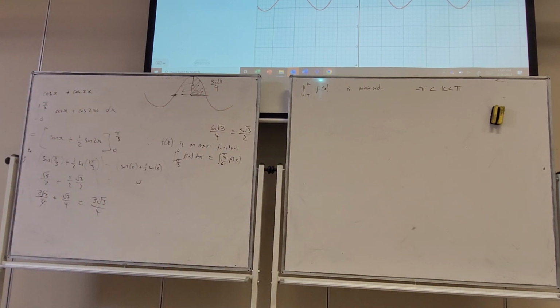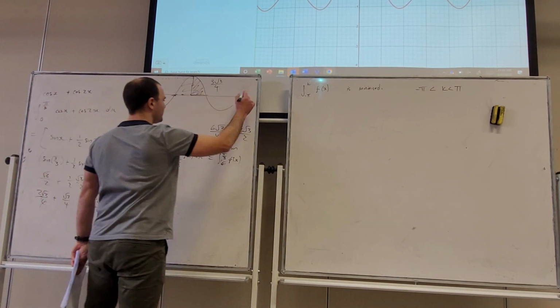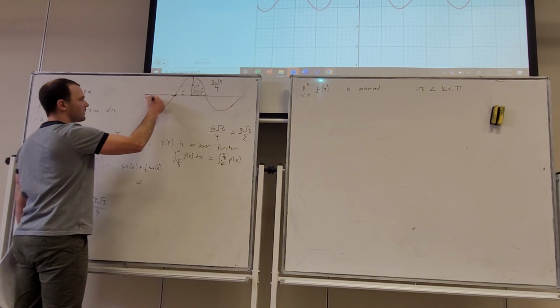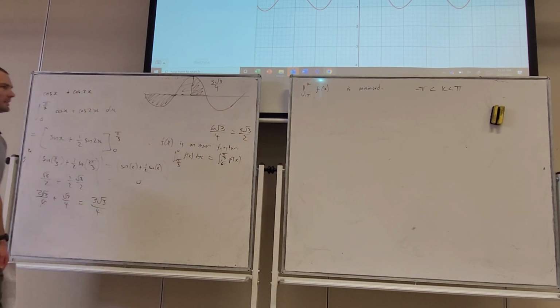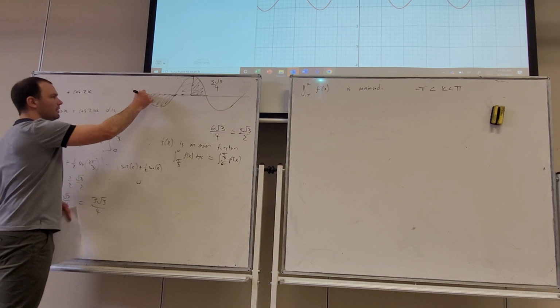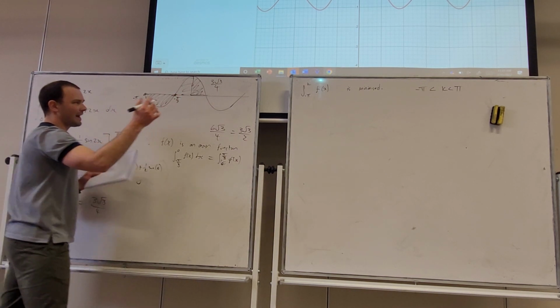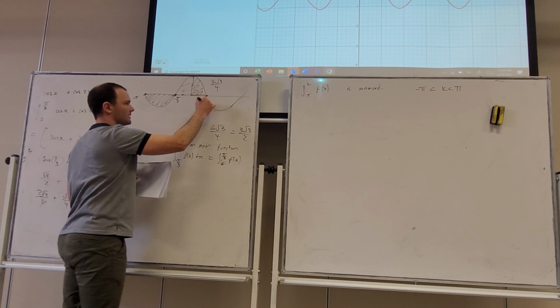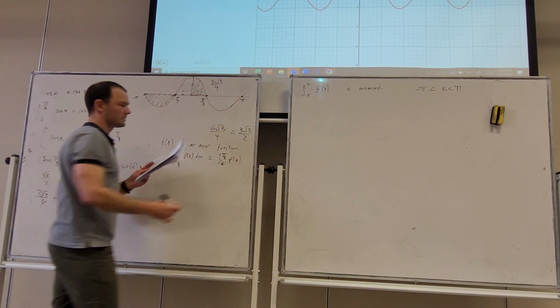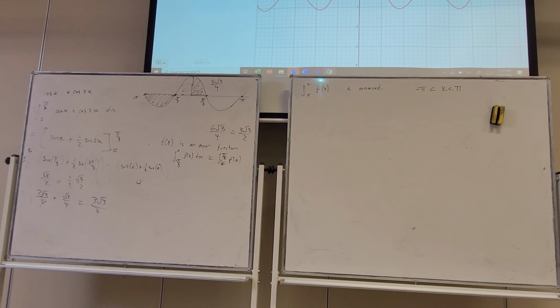So the first thing we're going to do is let's say, well, what on earth is this area here? Because that's going to help us make a decision about it. What is the area from minus pi to minus pi on 3? And we know that that area is going to be the same as positive pi on 3 to positive pi. So let's check that, what that area is.